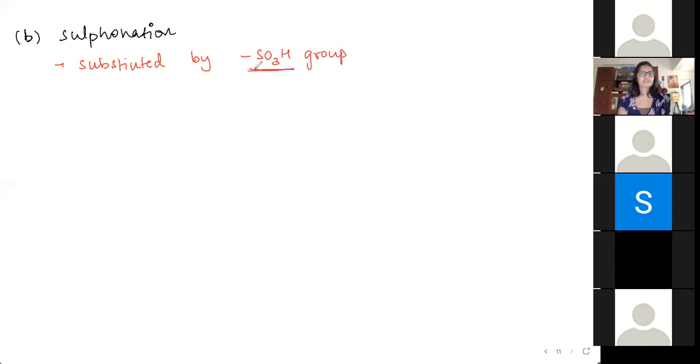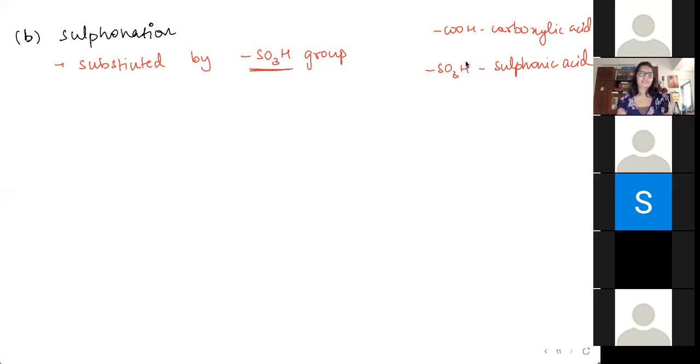Just like how COOH is carboxylic acid, SO3H is sulfonic acid.